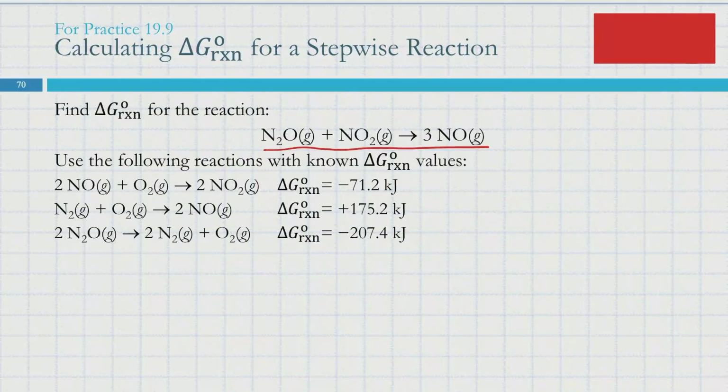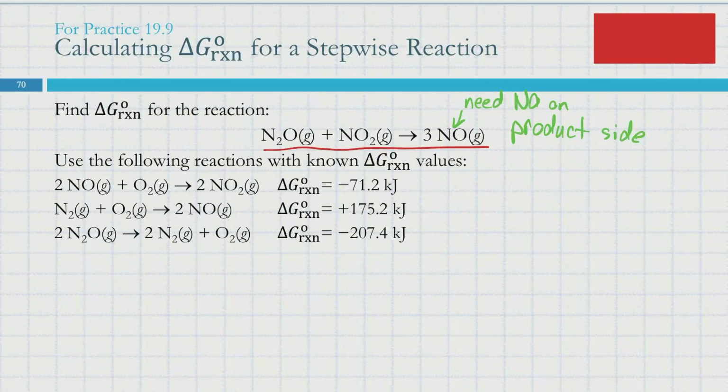If something shows up on the products of one step and the reactants of another step, we can add those together and those ones will disappear. So the thing that I'm keying in on, looking at this problem, is the NO side. So we need NO on the product side.